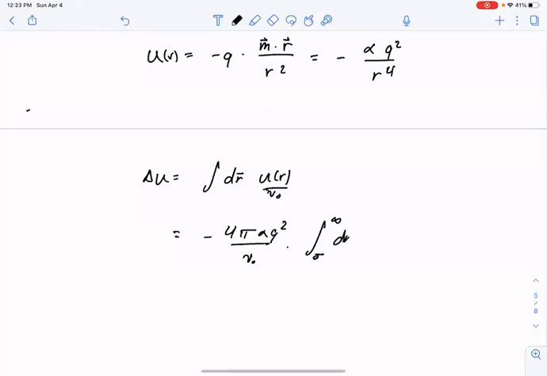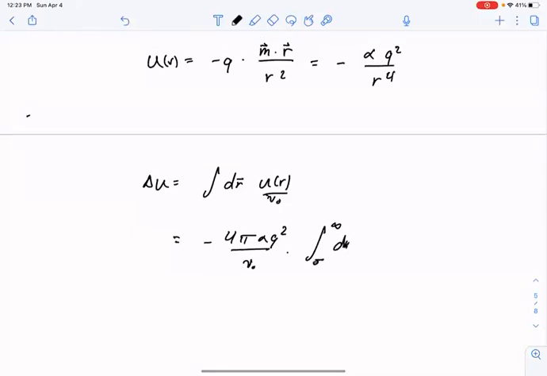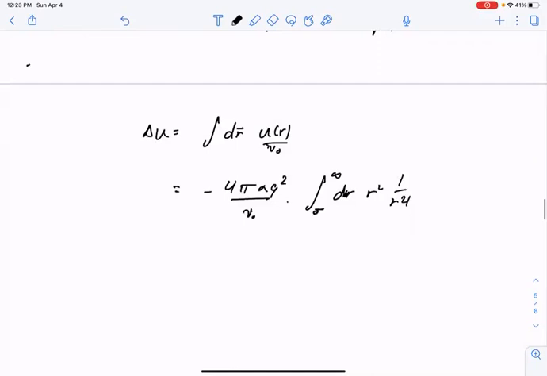Can integrate up to some size of closest approach. And that integral scales like q squared and inversely proportional to the size of the ion.